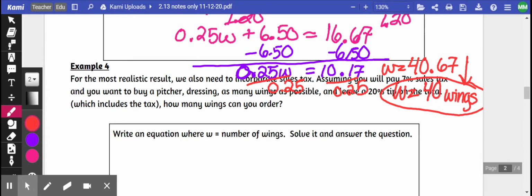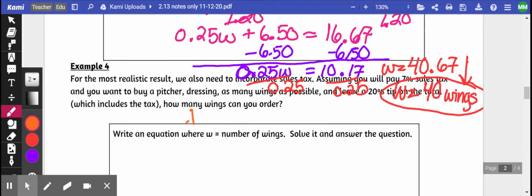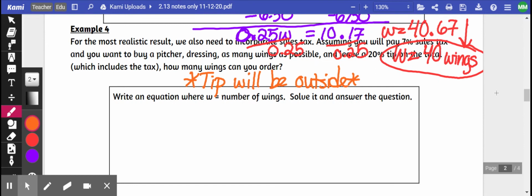So you're always going to have the tip on the outside, okay? So this is something that you want to make sure that you write. Your tip will be outside. So your tax will be on the inside part of it.